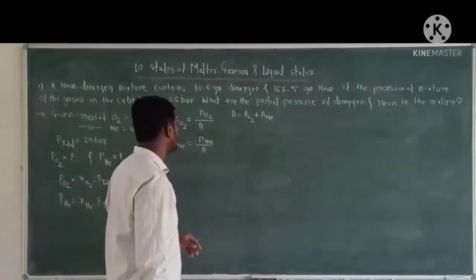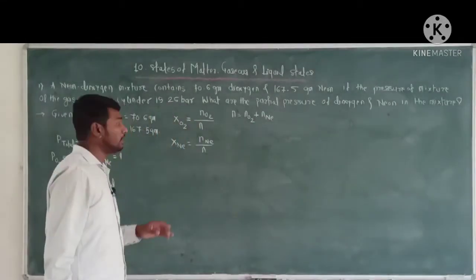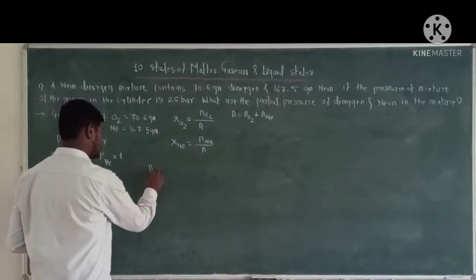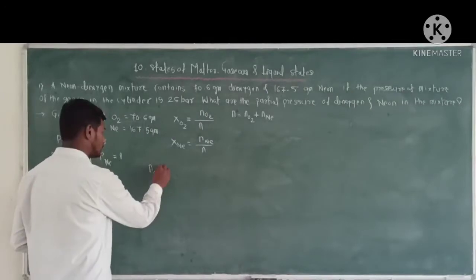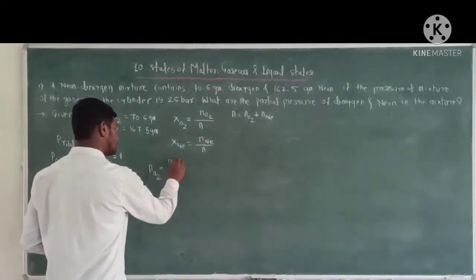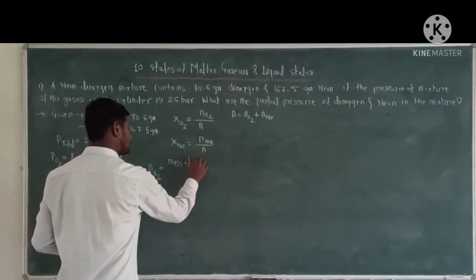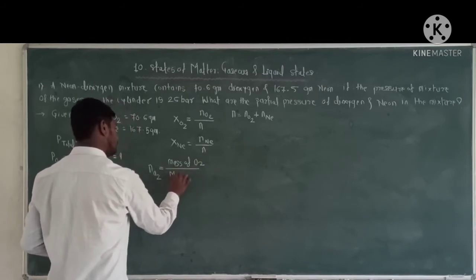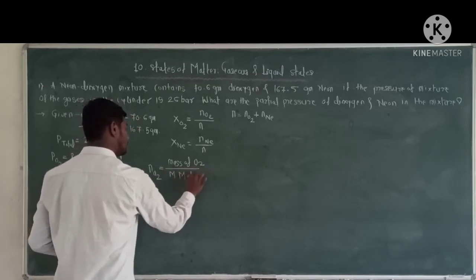Okay, the number of moles of neon and dioxygen is calculated by using the equation: number of moles of dioxygen is equal to mass of dioxygen divided by molar mass of dioxygen.